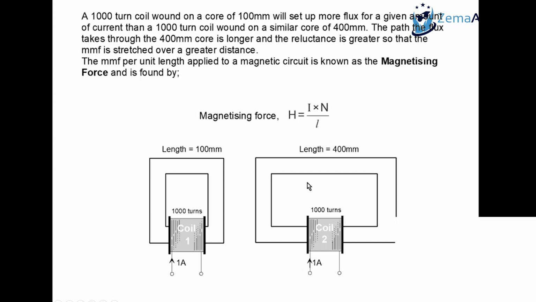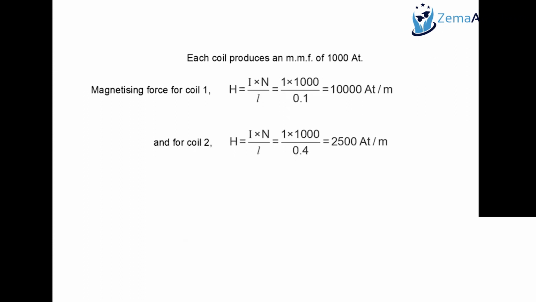Now we want to calculate how much magnetizing force or magnetic field strength it would have if we change the length of the material. By applying ampere turns per meter, it is evident that coil 1 achieves higher magnetic field strength compared to coil 2.